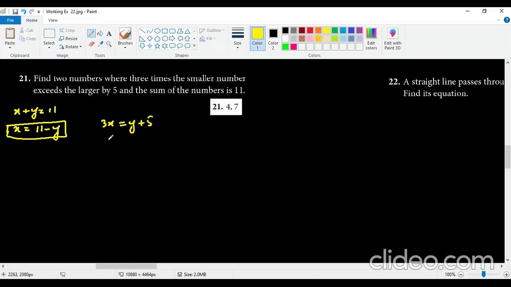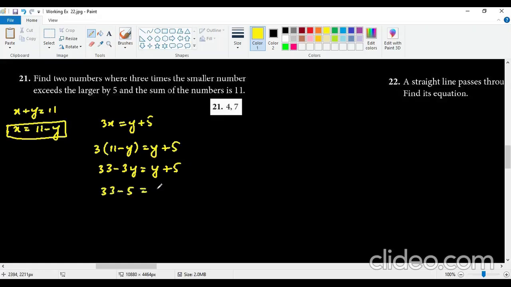I will replace the value of x with 11 minus y, so 3 times 11 minus y equals y plus 5. That means it is going to be 33 minus 3y equals y plus 5. In here, 33 minus 5 is going to be y plus 3y.